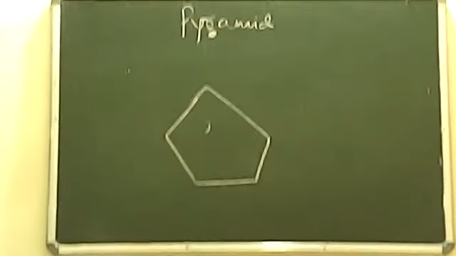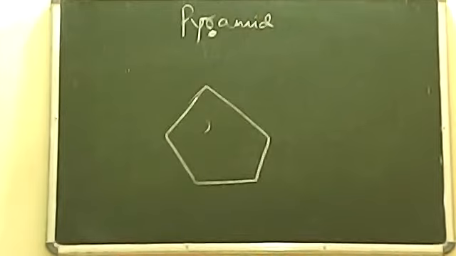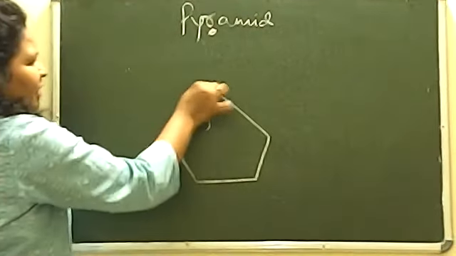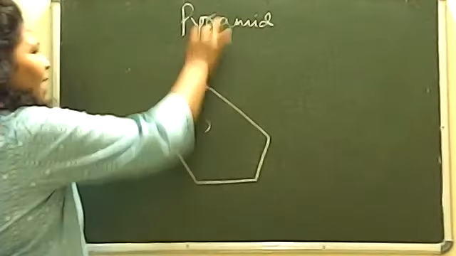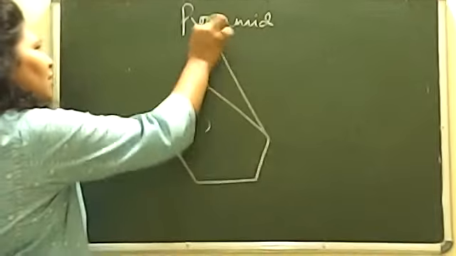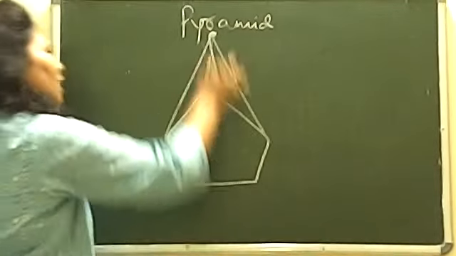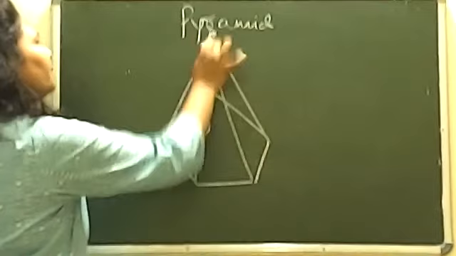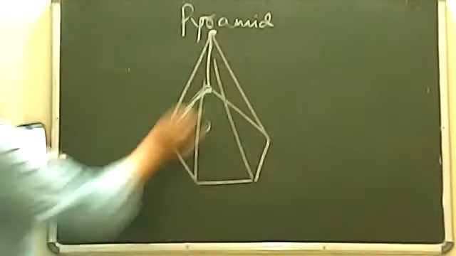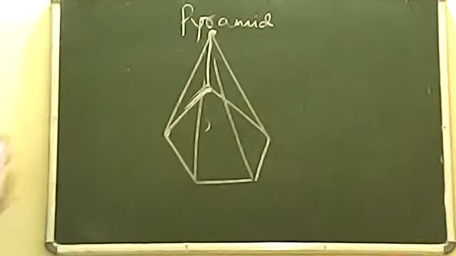आप लोग नीचे से ही join कर दे रहे हो. Now join the point at the top. Now you join all the vertices from it. 1, 2, 3, 4, and 5. See, this is our pentagonal pyramid.